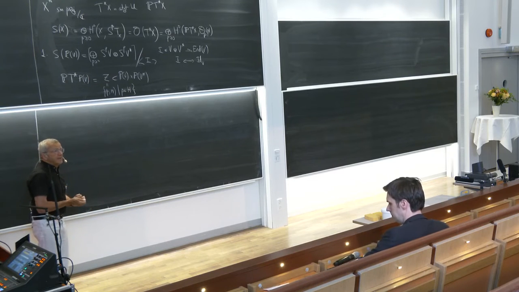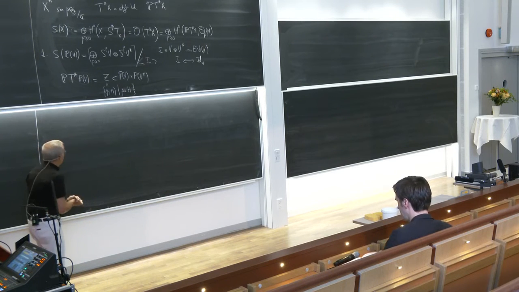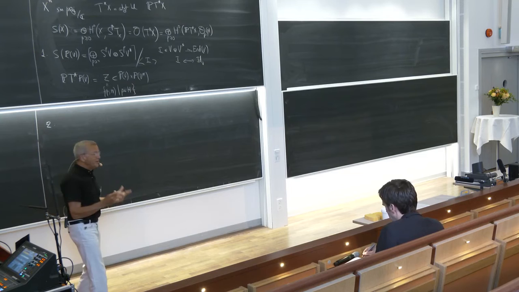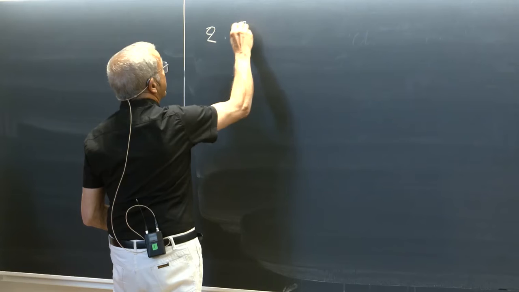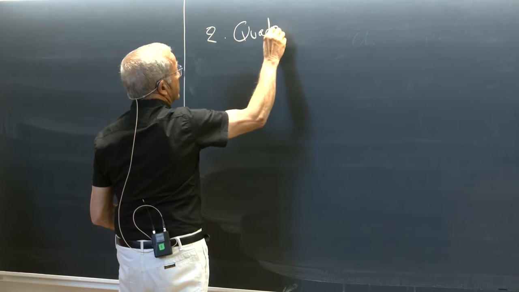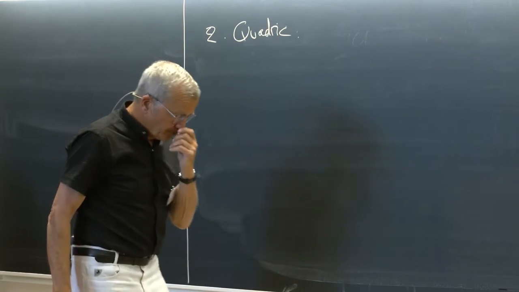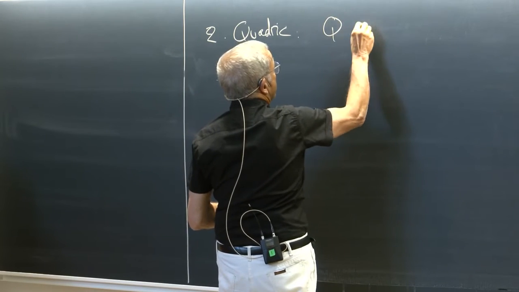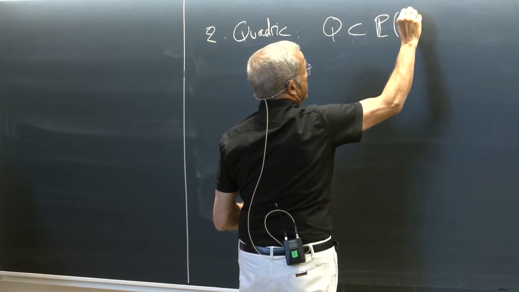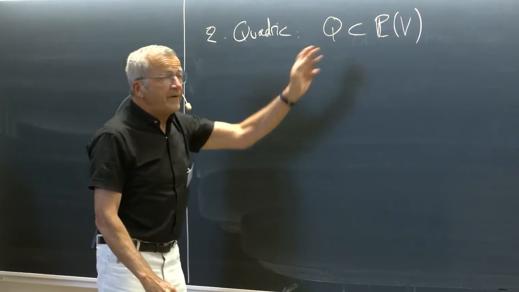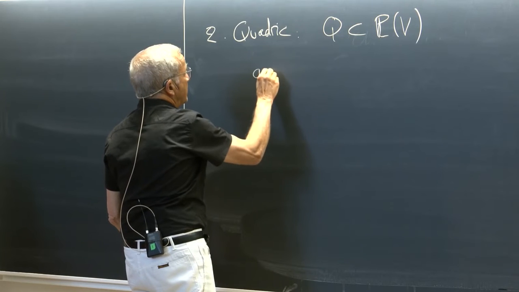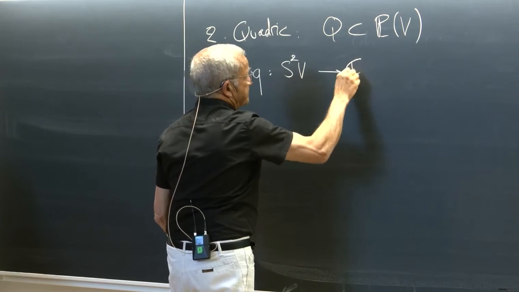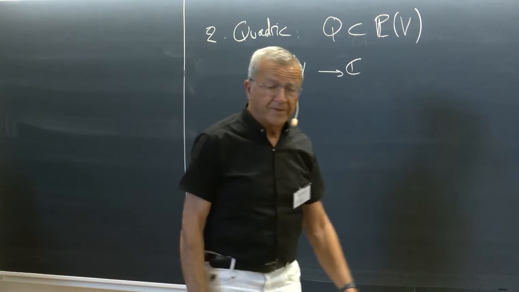So let's take the next simplest possible example. I guess if I asked you to vote, the quadric would win. So, quadric. Again, let's take a smooth quadric Q in P of V, which will be defined by a quadratic form Q from S2 V to C, non-degenerate, I mean, everything nice.